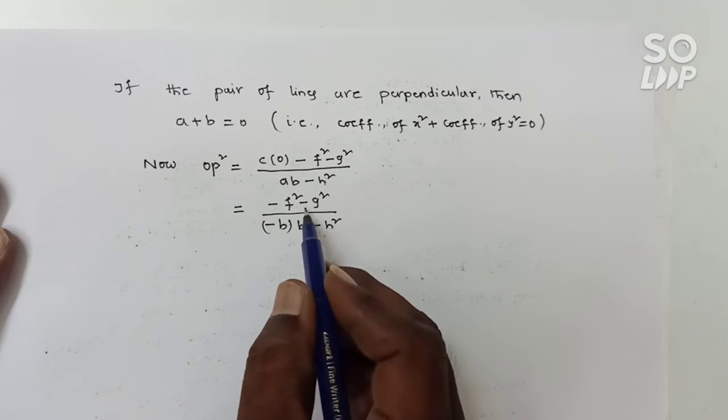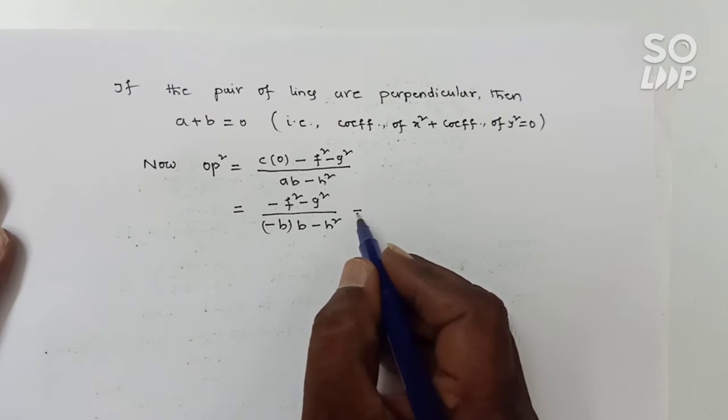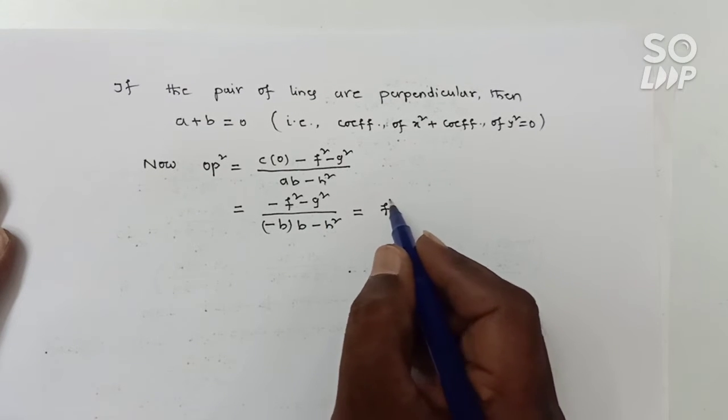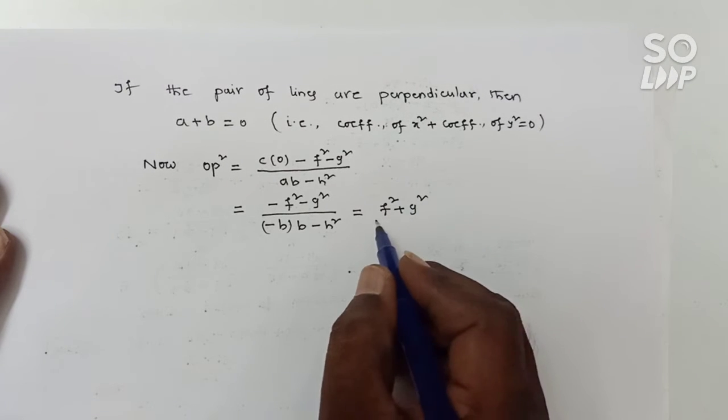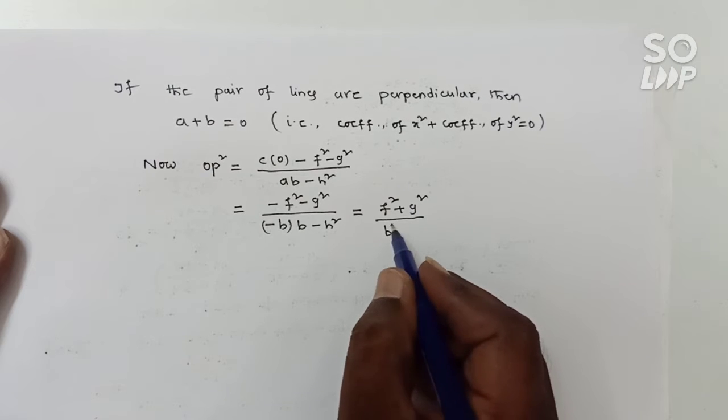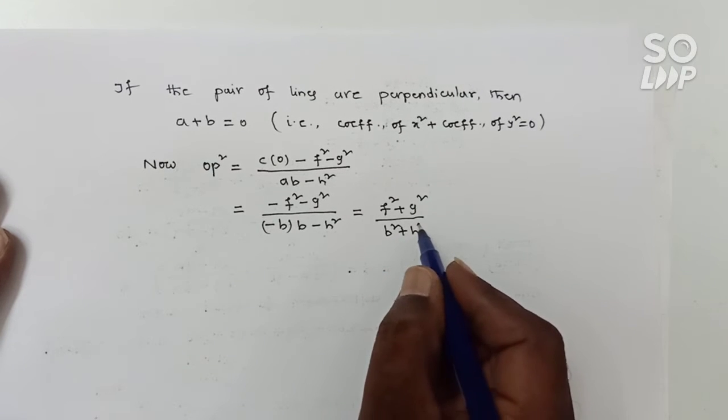Now you take that minus as common in the numerator and denominator. That becomes F square plus G square, whole divided by B square plus H square.